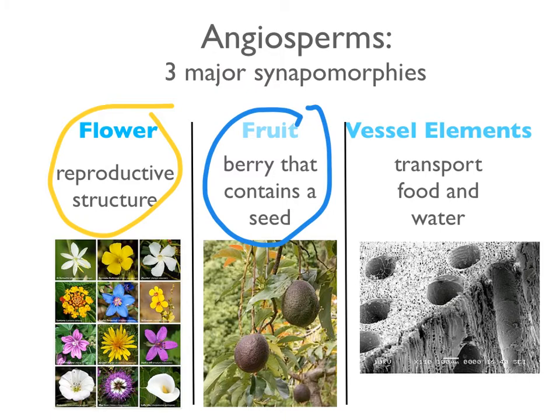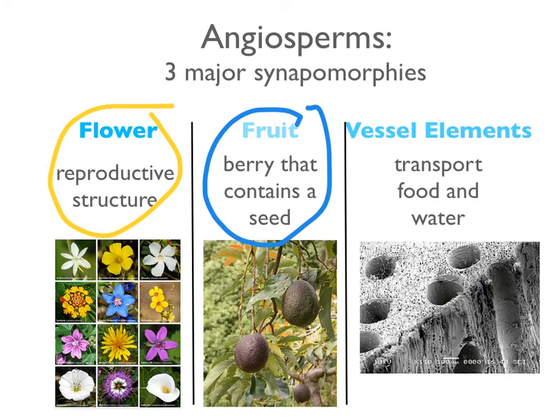It can be a naked fruit that contains a seed, or a fruit like something like a blueberry that has seeds in it. So that's the fruit. But a fruit is a generalized structure. It doesn't necessarily mean fleshy fruit.